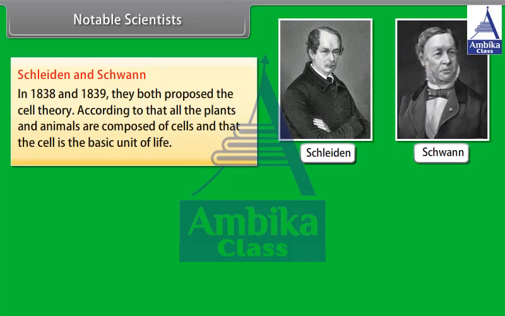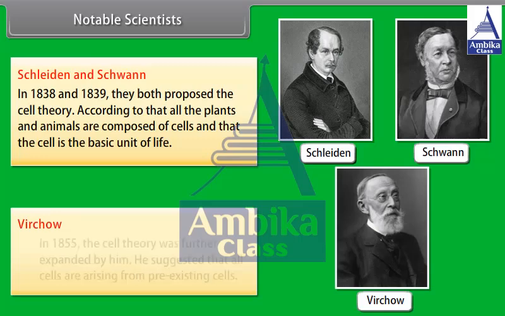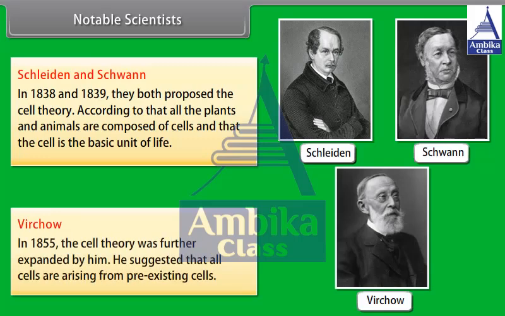In 1838 and 1839, they both proposed the cell theory. According to that, all the plants and animals are composed of cells and that the cell is the basic unit of life. Virchow. In 1855, the cell theory was further expanded by him. He suggested that all cells are arising from pre-existing cells.